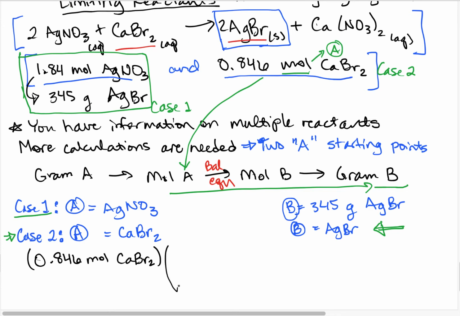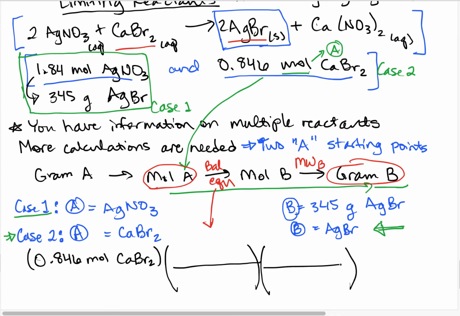So we set up our units, and remember, just like we did in the previous video, we can see that we're going to start right here with moles, we're going to end right here with grams, and so we have 2 calculation steps. So our first one is this balanced equation, and we're going to put the numbers in there. And then our second one is going to be the molecular weight, and we're going to put that one in here.